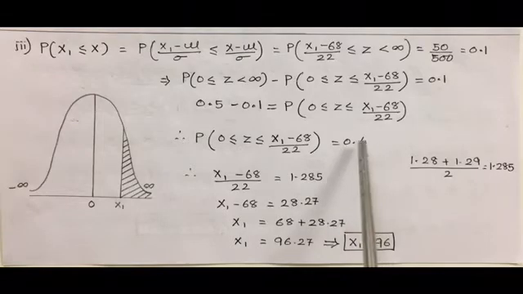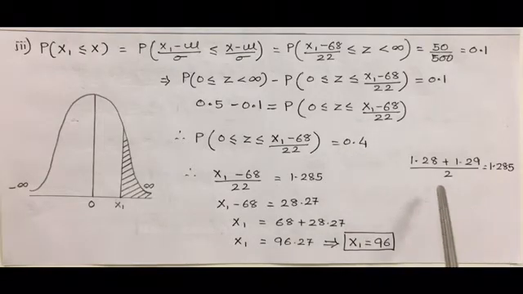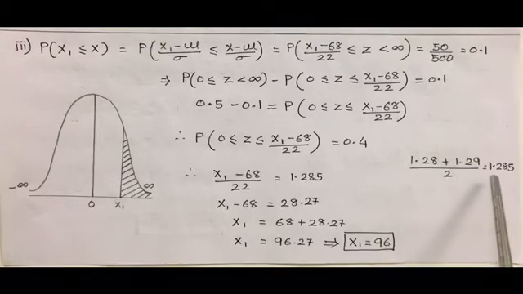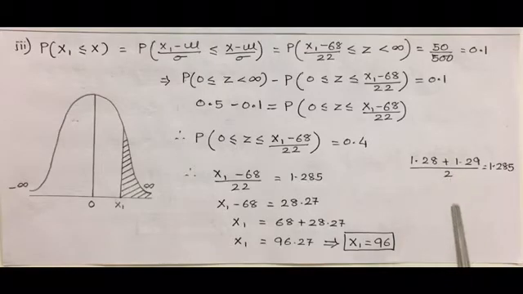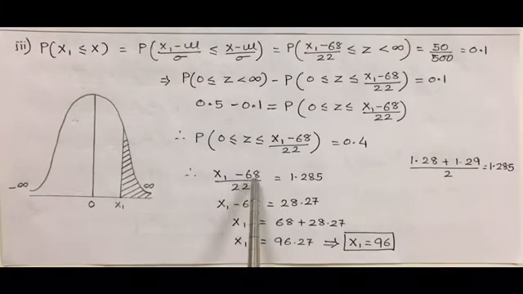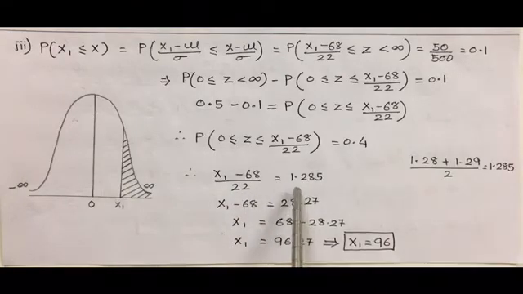We have to search where 0.4 lies in the area, whose z value will be 1.285 after taking the average. So (x1 minus 68) divided by 22 will be equal to 1.285.